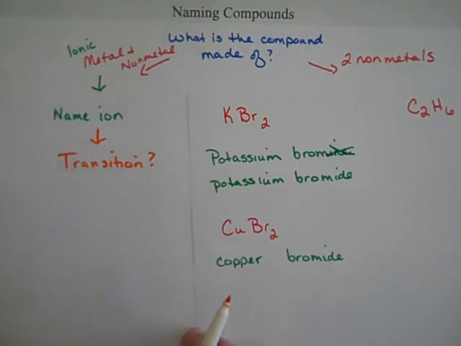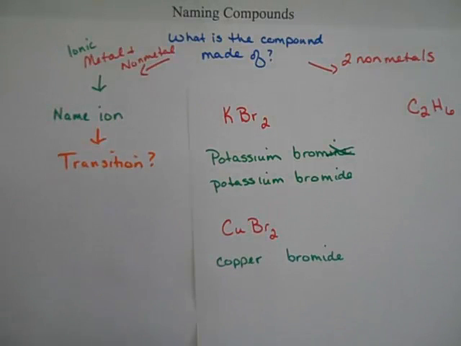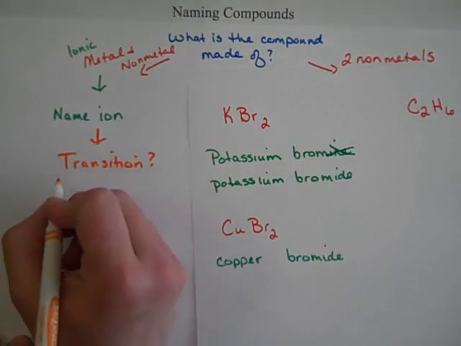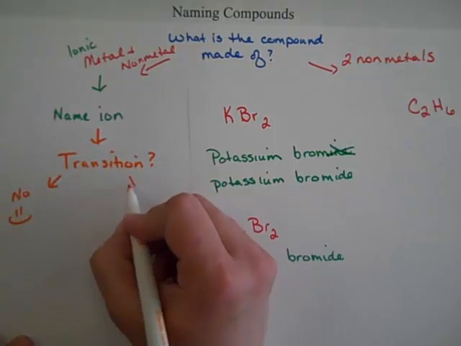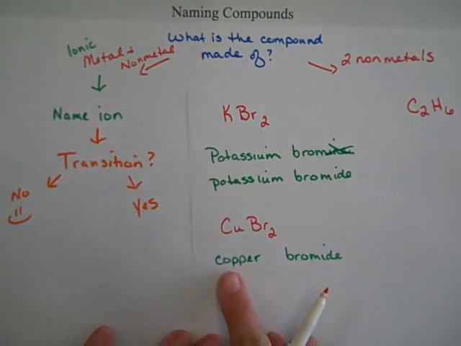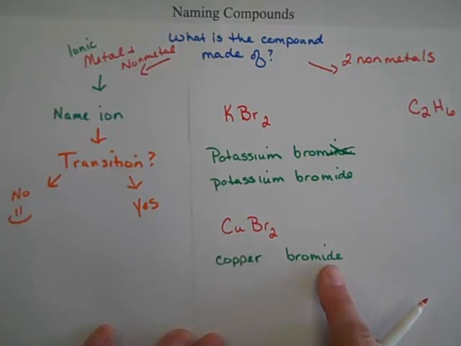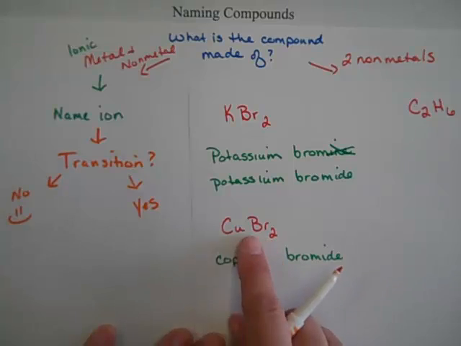If it is a transition element, remember that means that we can have more than one charge on our cation. So is it a transition? If it's no, then we're done. However, if the answer is yes, what do we have to do? We have copper bromide, and to distinguish that, remember we have to come back and look at these charges.